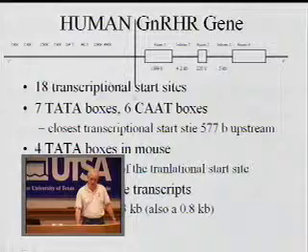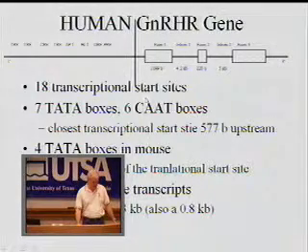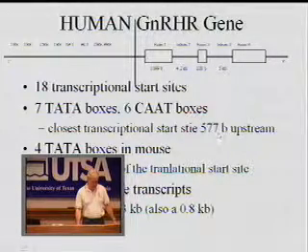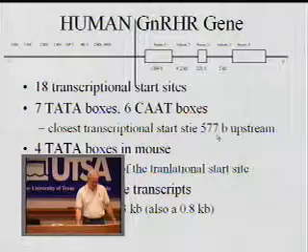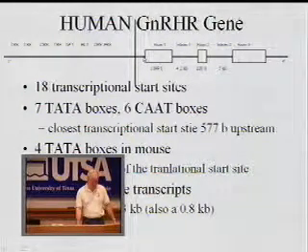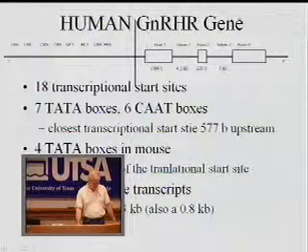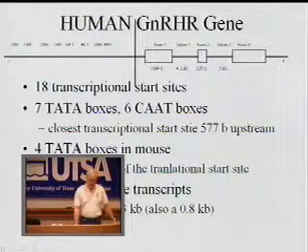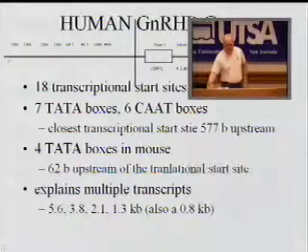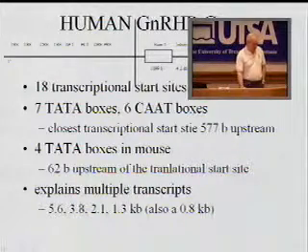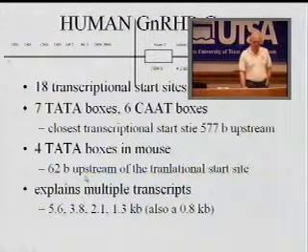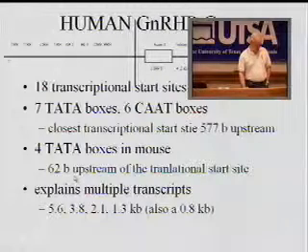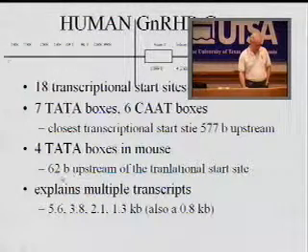18 transcriptional start sites, just seems bizarre. 7 TATA boxes, as we said, 6 CAT boxes, and the closest transcriptional start site is at the 577 bases from the 0 region. The 4 TATA boxes are present in the mouse, so still some potential for complexity of the different types of transcriptions.